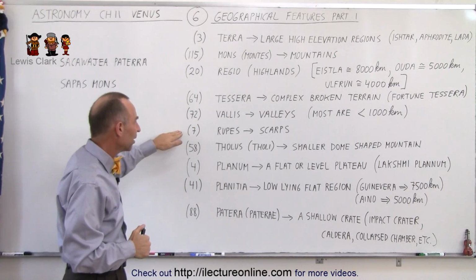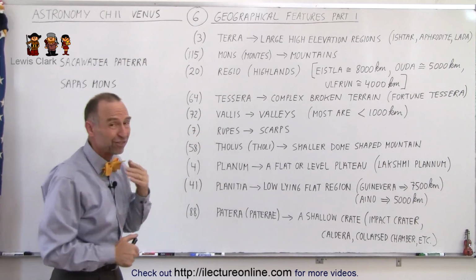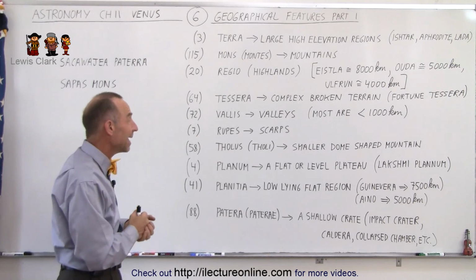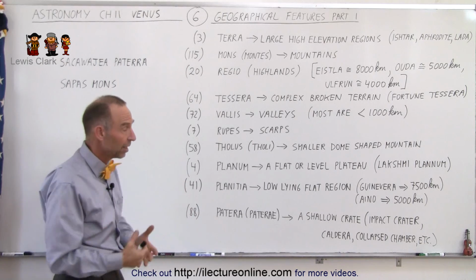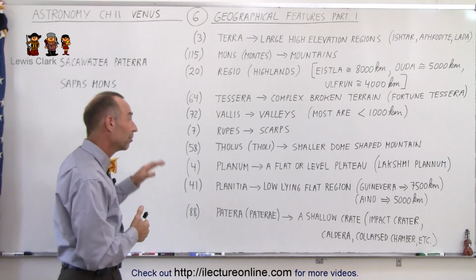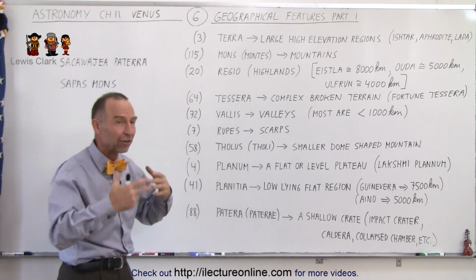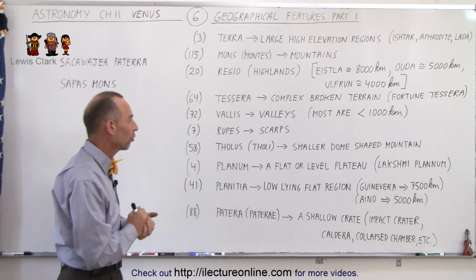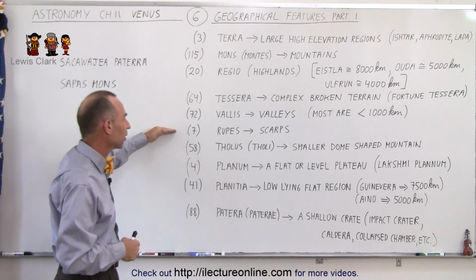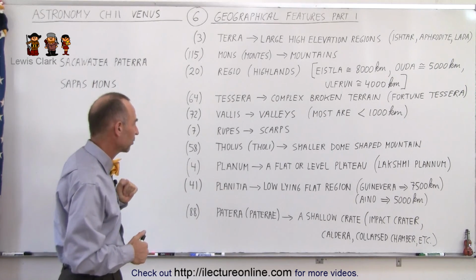Now, interestingly enough, on Venus, we only have 7 of those identified and named. That's very unusual. You'd expect to find way more than that, especially on a planet the size of Venus. So that may give us some hint as to what we think the volcanology is and what's been happening to the surface of Venus over the last so many millions of years. And we'll get into a little bit more detail there as well.